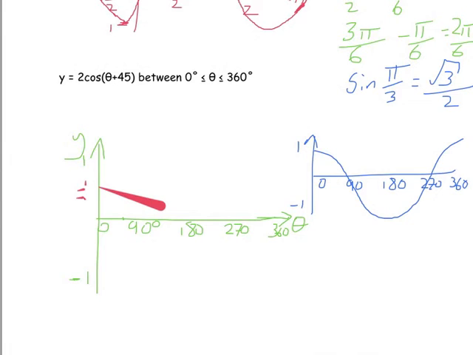So it's all shifted 45 degrees to the left. Of course it'll start to dip back down again because it will get to 1. So now that's the first bit, that's the theta plus 45, but we need to double each of these answers.